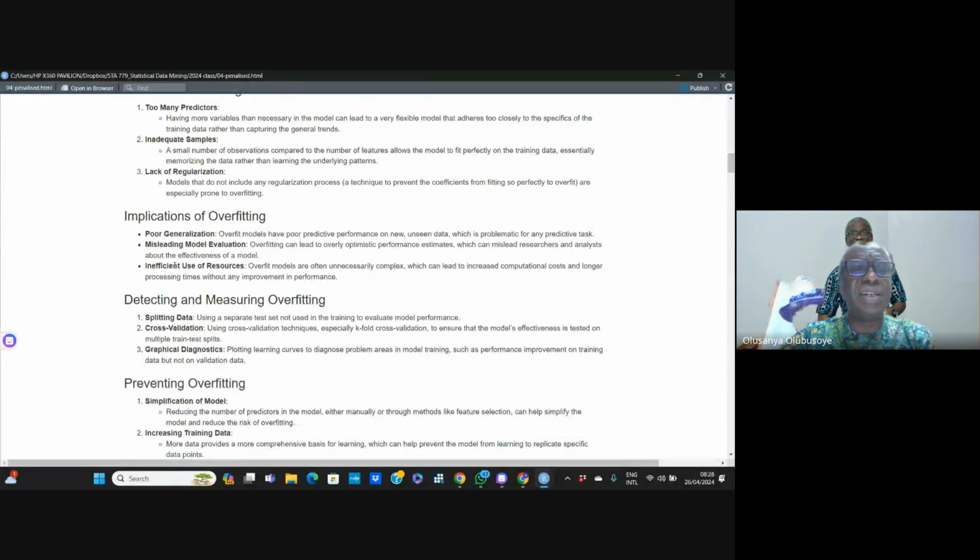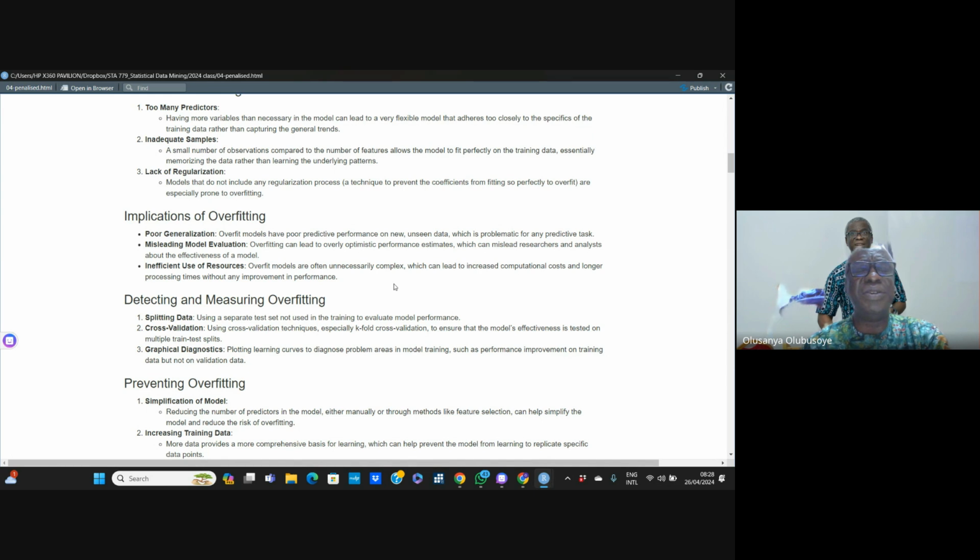The third implication is the inefficient use of resources. Overfit models are often unnecessarily complex, which means you will be using more resources than necessary. You are using more information when you just need very little.